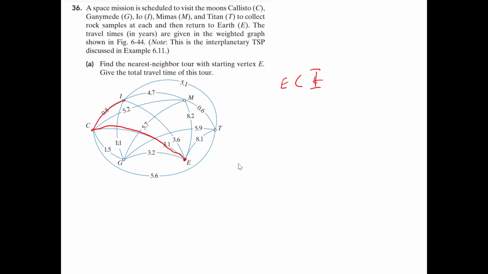And so then what we have is 3.1 and 0.8. Now we're at I. Can't go back to E. 3.6, we've already been there. And so then we have a 4.7 and a 5.1. Of course, we're going to take the 4.7.